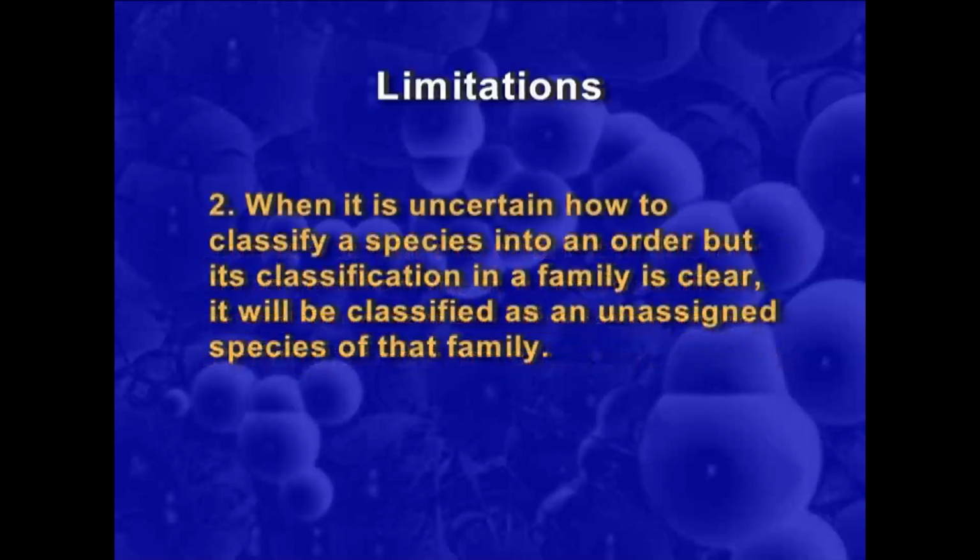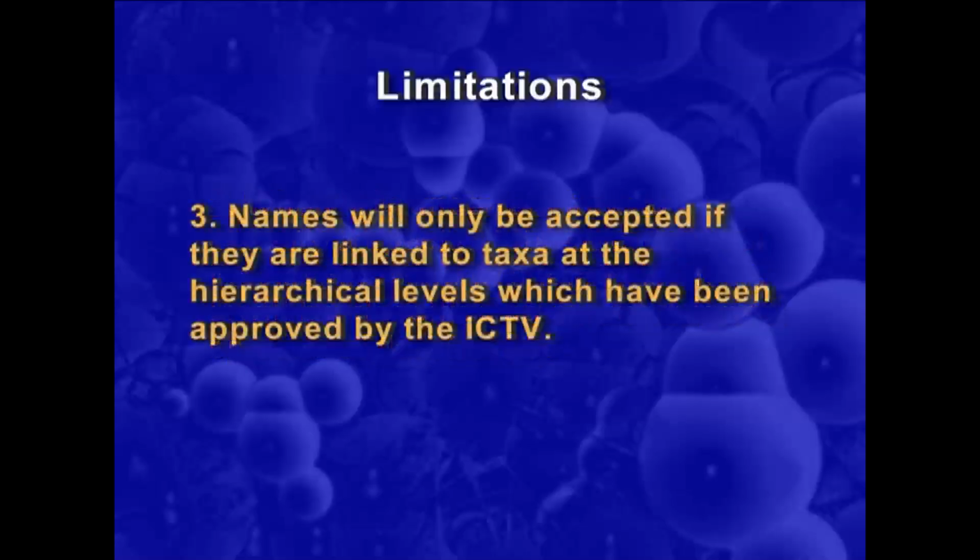When it is uncertain to classify a species into an order, it remains an unassigned species in a family. Names are only acceptable if they are linked to a taxa at the hierarchical levels and have been approved by the ICTV.